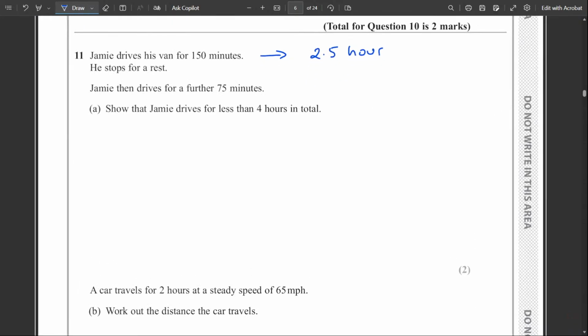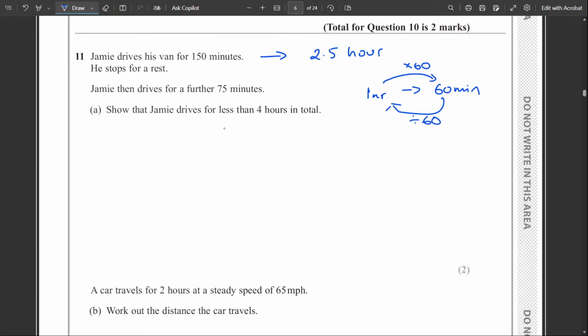So when I'm going from hours to minutes, I'm multiplying by 60. And if you're going from minutes to hours, you're dividing by 60. So I can do 150 divided by 60. It's a calculator paper, so you can do that easily. And then we're doing the same thing with 75 minutes, again divided by 60.